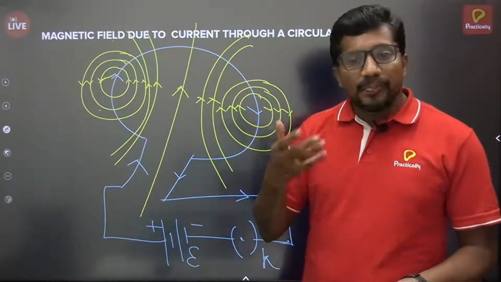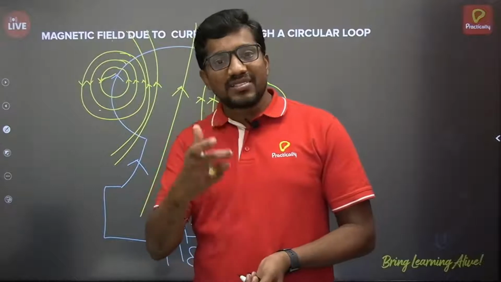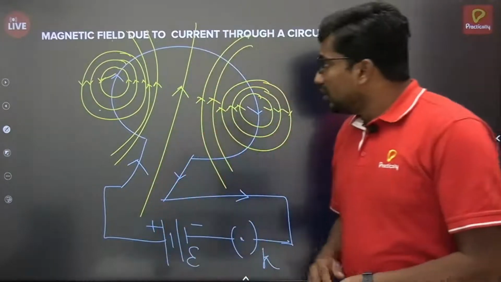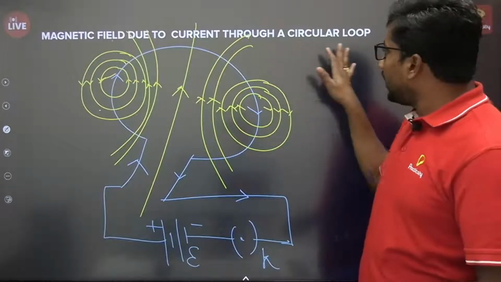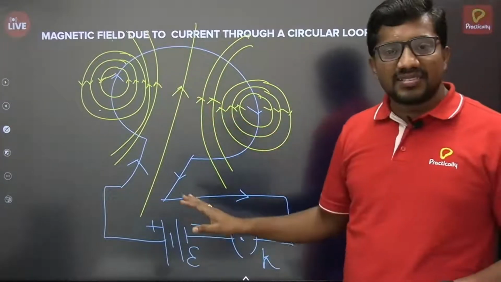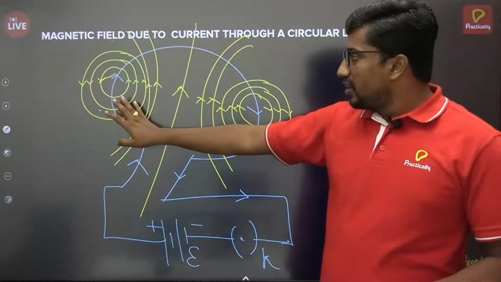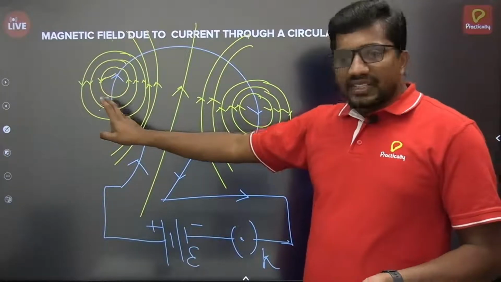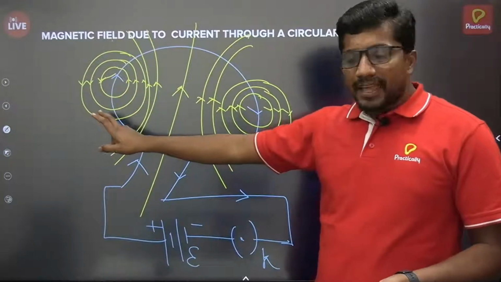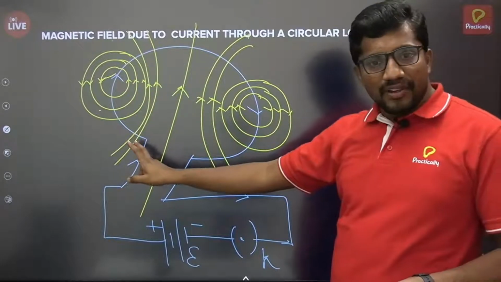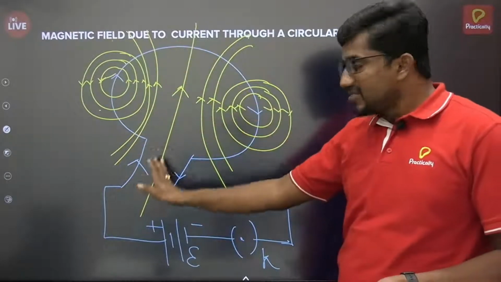Okay, so based on these various factors, the intensity of the magnetic field will depend. So magnetic field due to a current through a circular coil will be like this. The magnetic field lines will be concentric circles near the wire, and will be curved lines when they are away from the wire, and will be straight lines at the center.